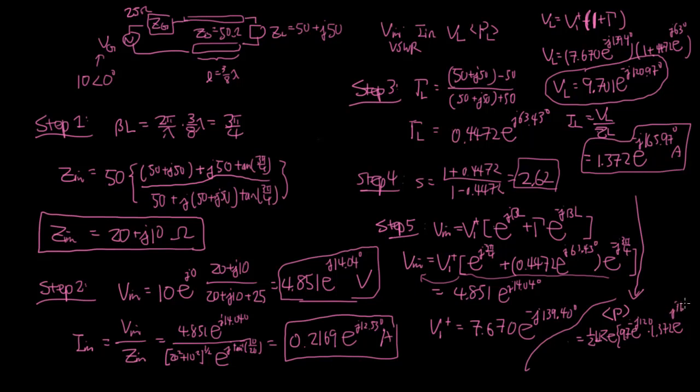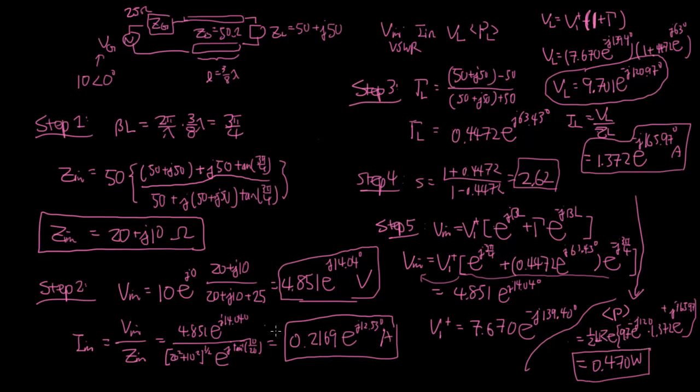Oh, positive 165.97. So if you multiply those two numbers, take the real part, specifically just multiplying the phase, plugging the phase into a cosine and multiplying it by 1/2 of 9.701, you should end up with 0.470 watts.